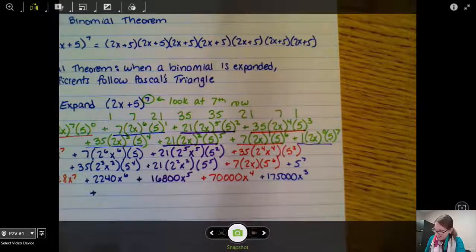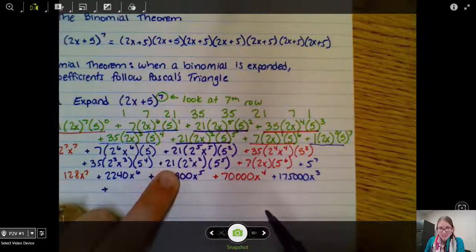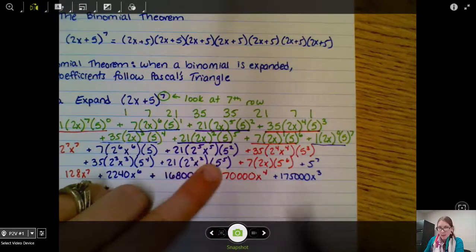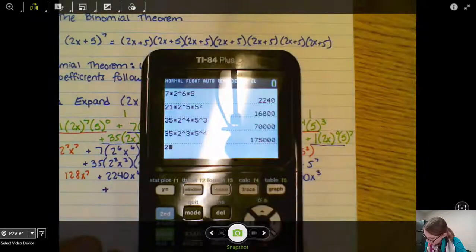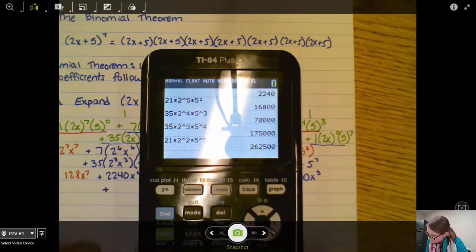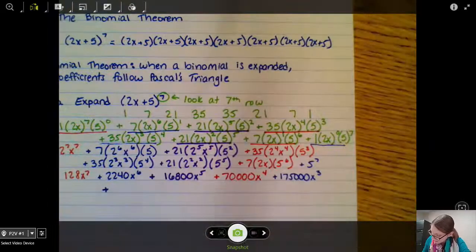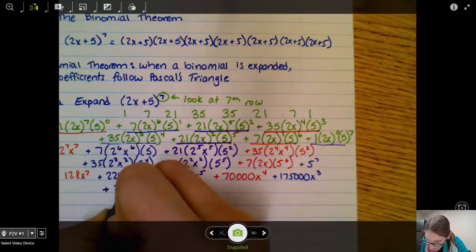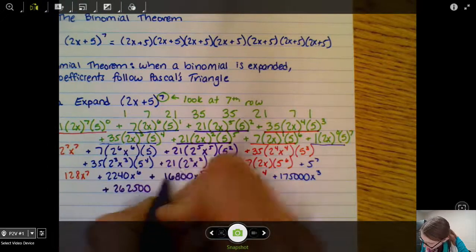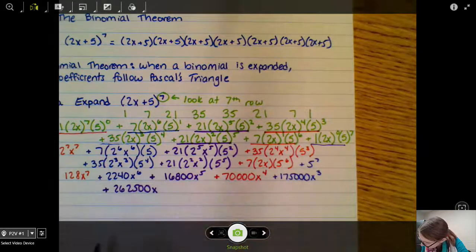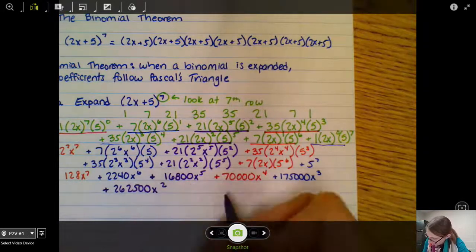We're almost done. 21 times 2 squared times 5 to the 5th is 262,500, and this is x to the 2nd power now.